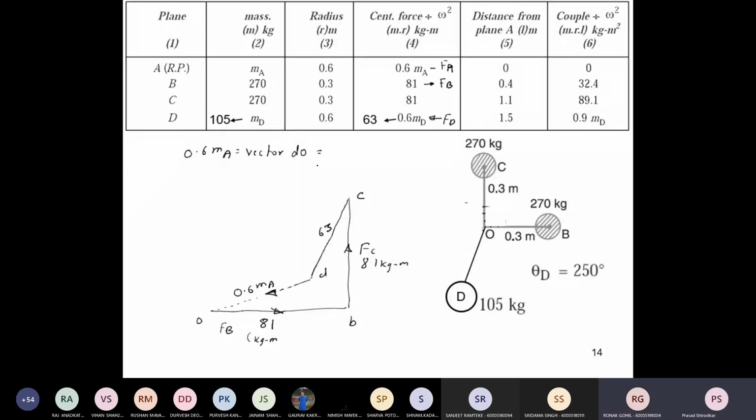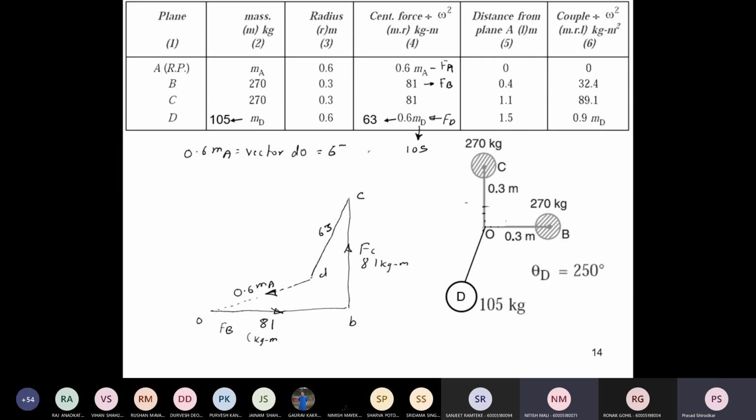Sir, from where did we get that 63? See, MD is 105, na? So 0.6 into 105 is 63. 0.6 MA is equal to 63.